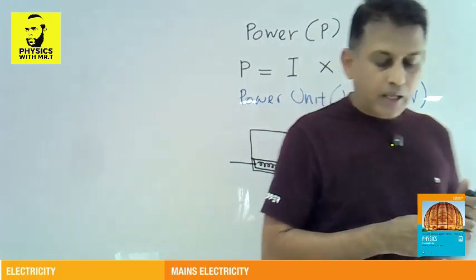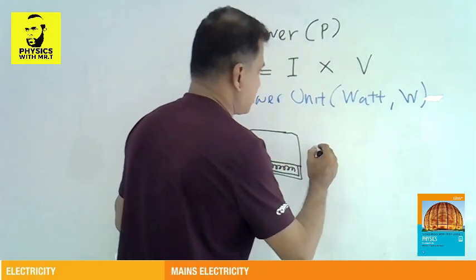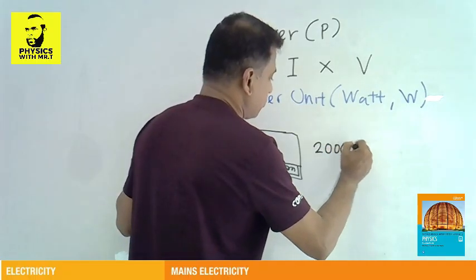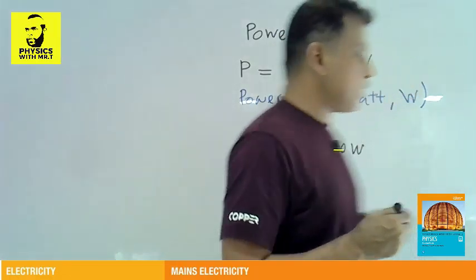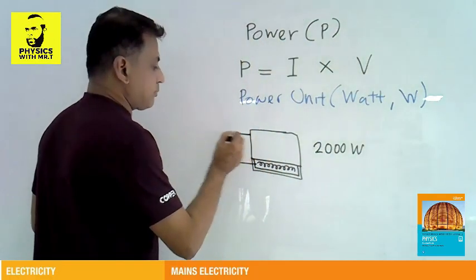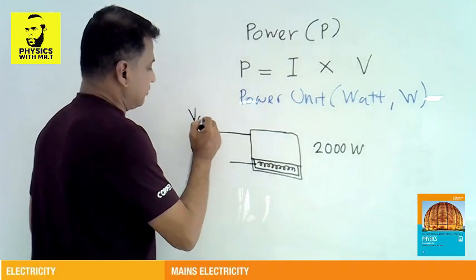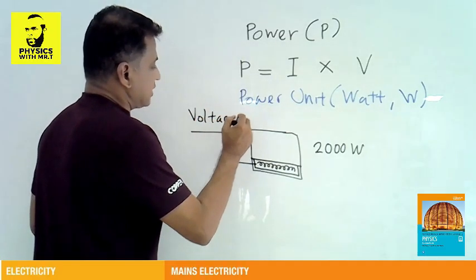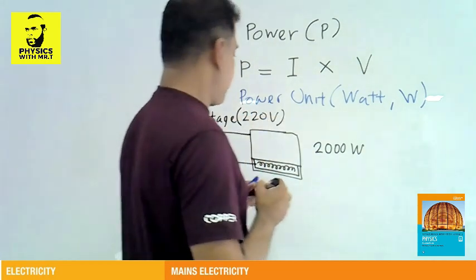So the power of this kettle is 2000 watt. And we connect it to the main supply, that is, the voltage is 220 volts. Right?